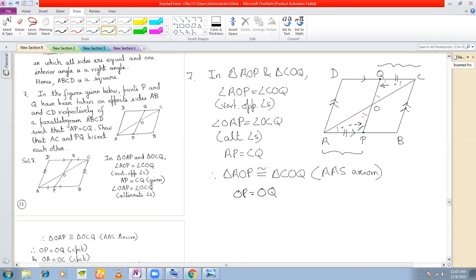Or you can say these two alternate angles are also equal, and opposite to them are these two sides. So therefore you can say OA is equal to OC. These two can be concluded by CPCT. Okay, hence AC and PQ bisect each other.